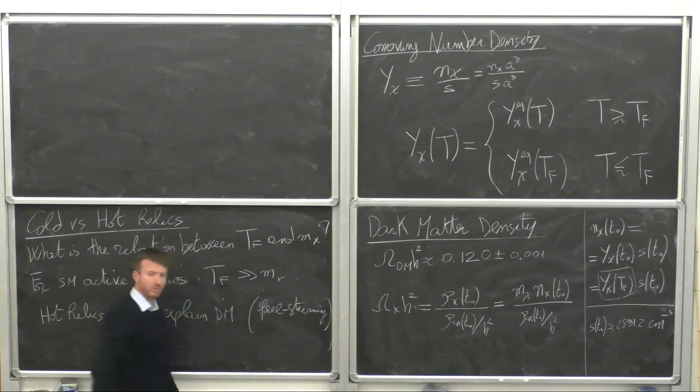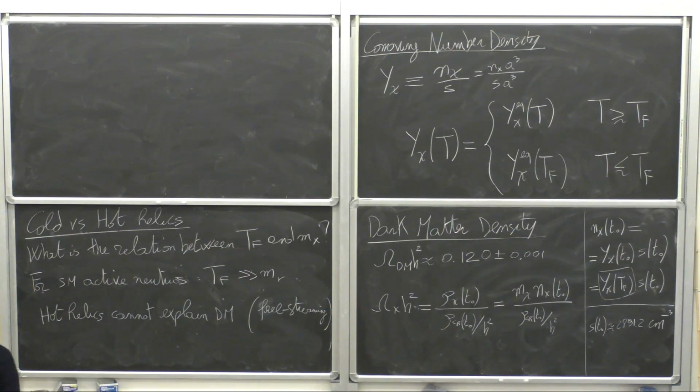I will say a few words about free streaming again if there is time when I do freeze-in, but not only neutrinos fail, even hot candidates cannot account for 100% of dark matter. The good or bad news is that if neutrinos do not work, we need physics beyond the standard model, so we need to look for something else. And whatever we look for must be cold.